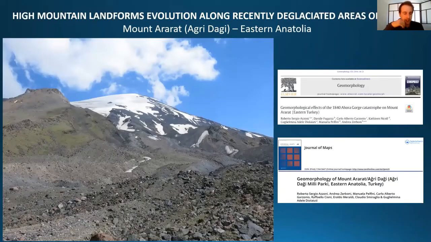Mount Ararat is a stratovolcano which reaches 5,000 meters of altitude. There is the only ice cap of the Middle East, and here we conducted a scientific expedition in 2014 to investigate the glaciated area of the mountain, but also the proglacial system and the evolution of the ice here.